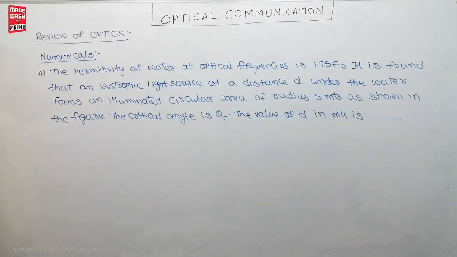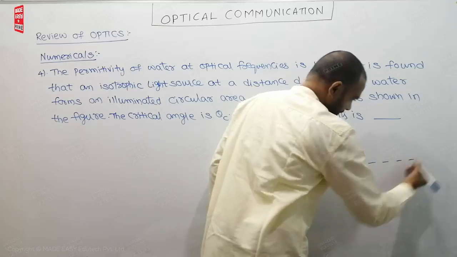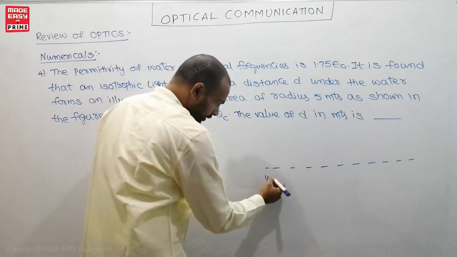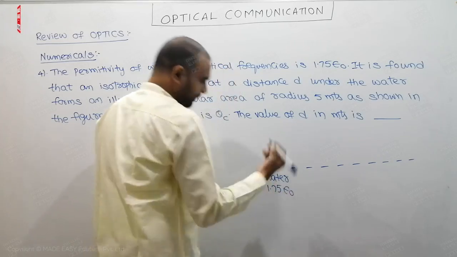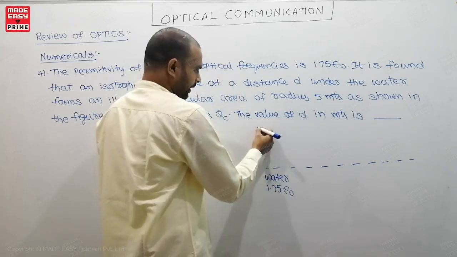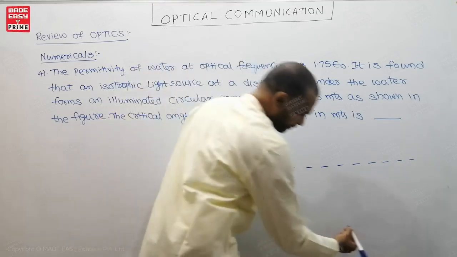So I need to show you the diagram. Okay, see here. This is the boundary. This is water, which has 1.75 epsilon naught, and this is air, which is epsilon naught.